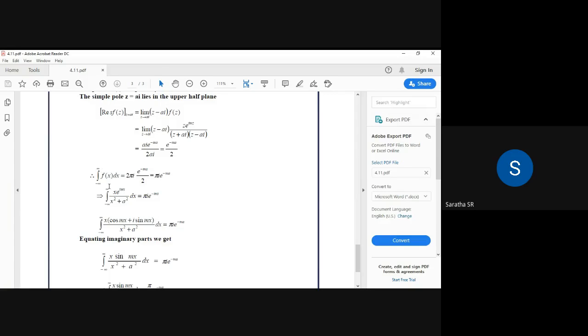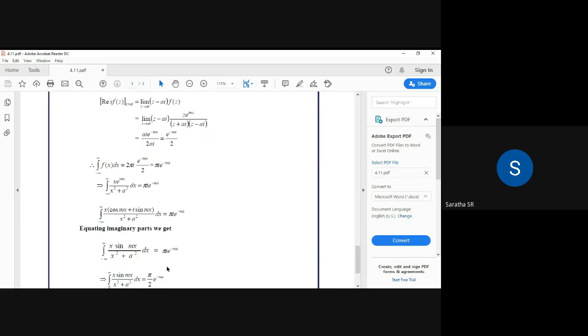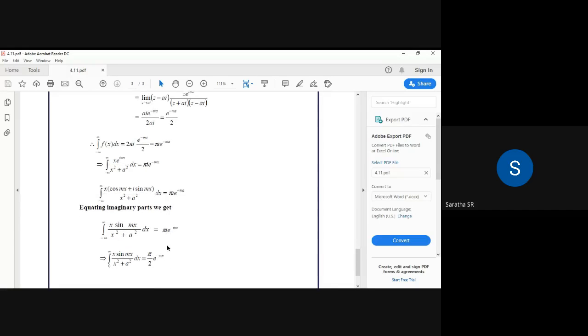So we write f of x dx, whatever is given. Then you expand: e power imx can be written as cos mx plus I sin mx. The given question is x sin mx only, which means we need only the imaginary part. So equating imaginary parts on both sides, we got the integral of x sin mx divided by x square plus a square dx equal to pi e power minus ma.